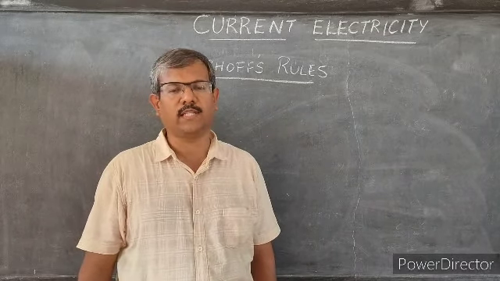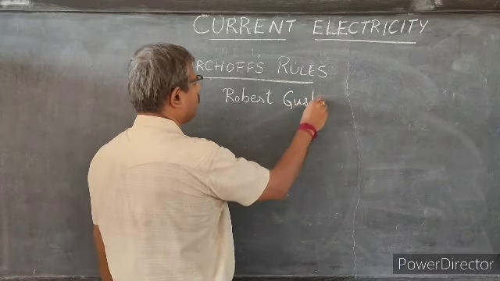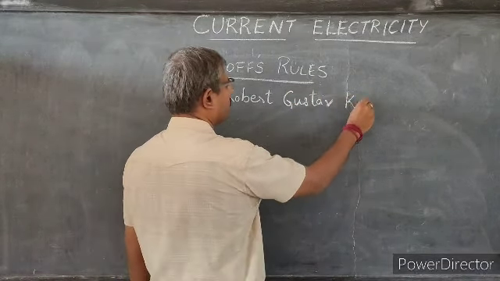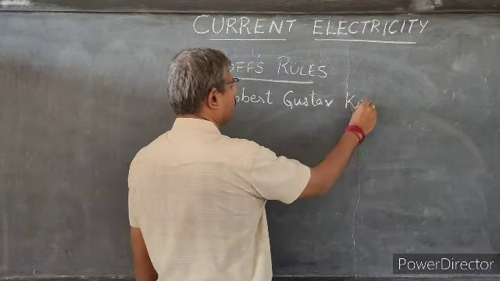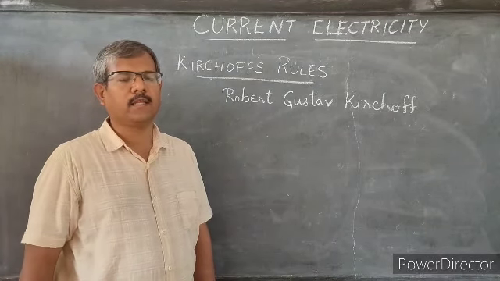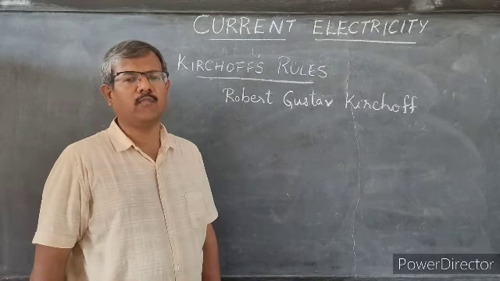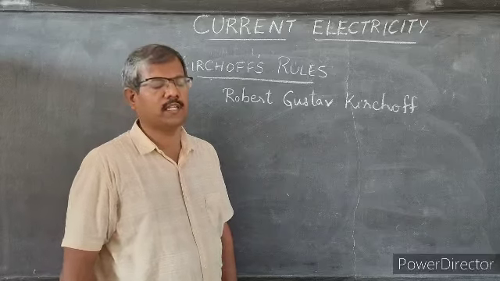A lot of work on this front was done by a German engineer, Robert Gustav Kirchhoff, in the early 1800s, and he was instrumental in providing two laws that make it very easy to deduce the currents flowing through various parts of a circuit.